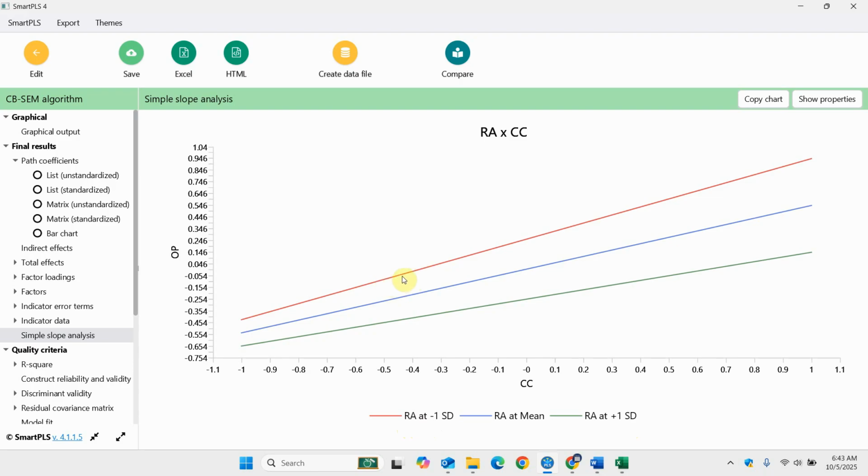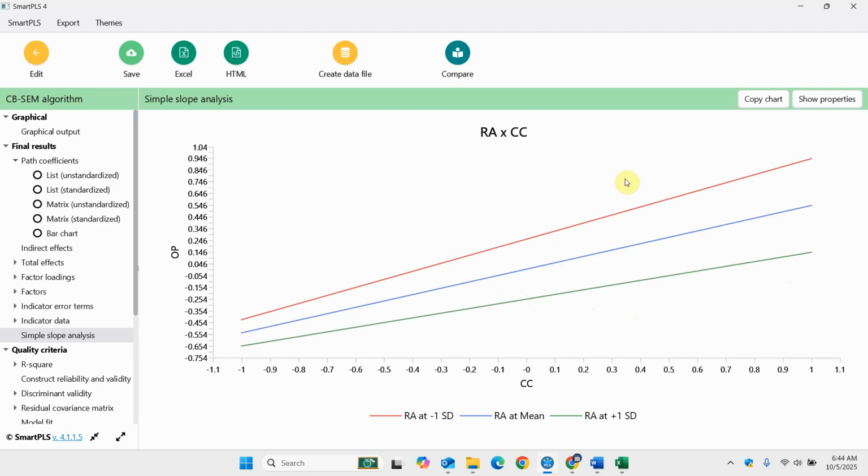Let's understand role ambiguity at -1, when you have low role ambiguity. Let's look at the red line. What happens is, if you increase collaborative culture, there is a sharp increase in organizational performance. If you compare this red line with the green line, that is at higher role ambiguity, although you are increasing collaborative culture in the organization, it does not translate into a higher change in organizational performance.